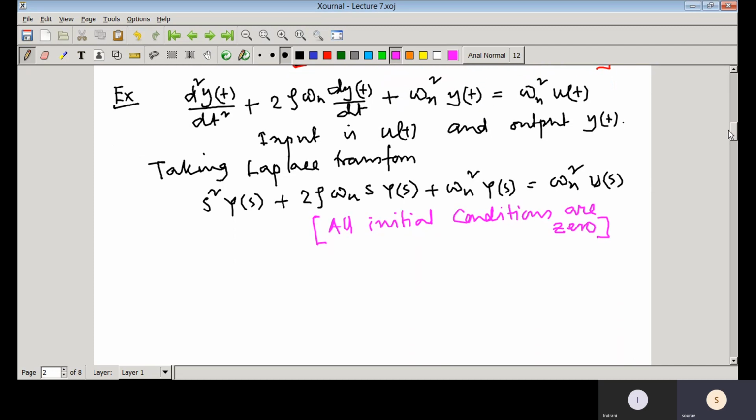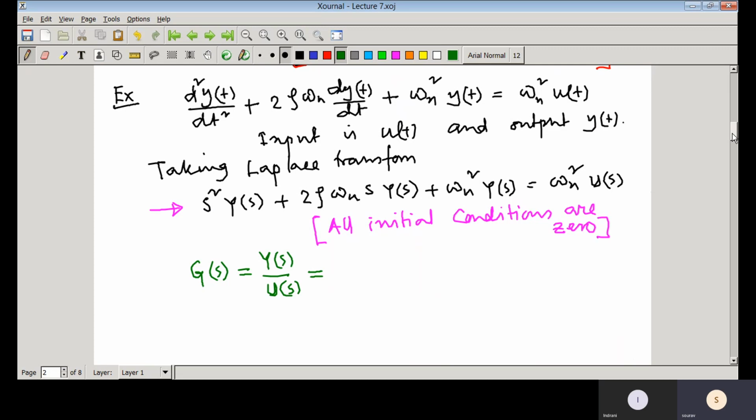So then this one is in algebraic form. That is actually the advantage of the Laplace transform, as already discussed. So now you can represent the output Y(s) by U(s) in that particular form.